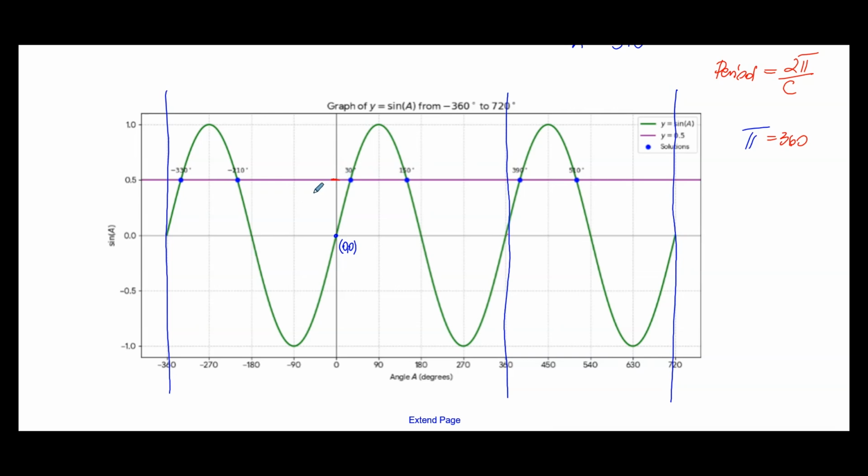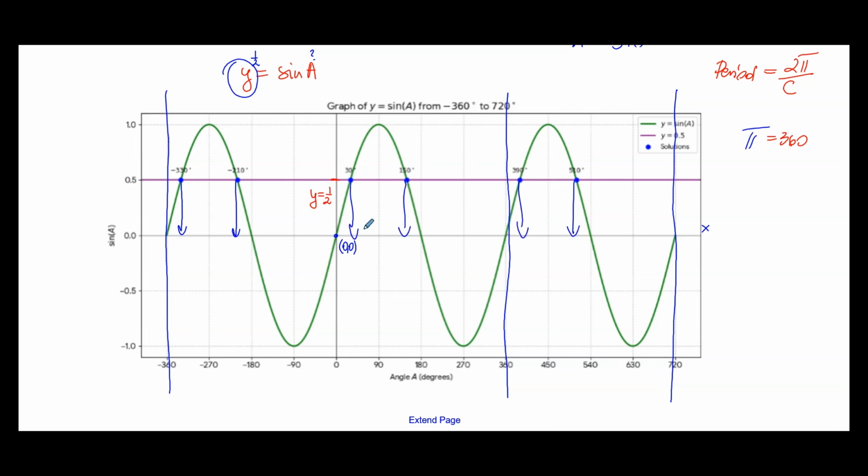So this value here is when y is equal to a half, because our function is y equals sin of A. We are told to find this value of A, this value of x, when y is a half. We can see that it will cut at these values of x.